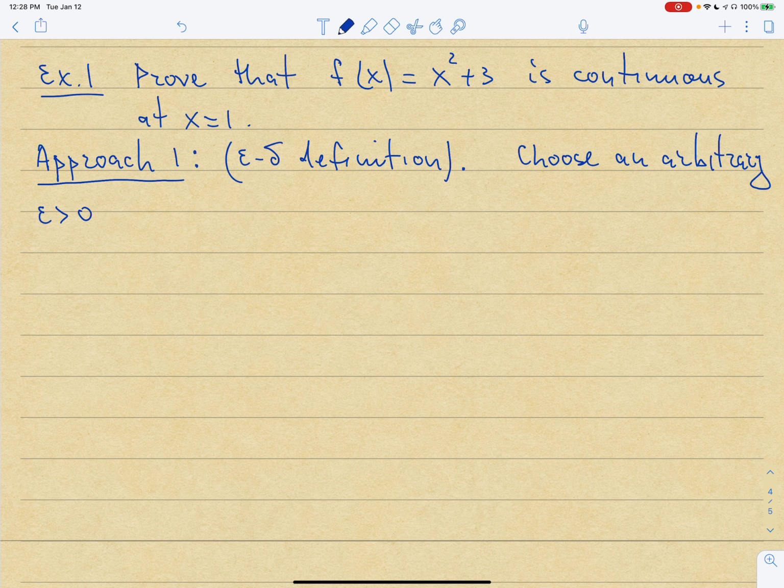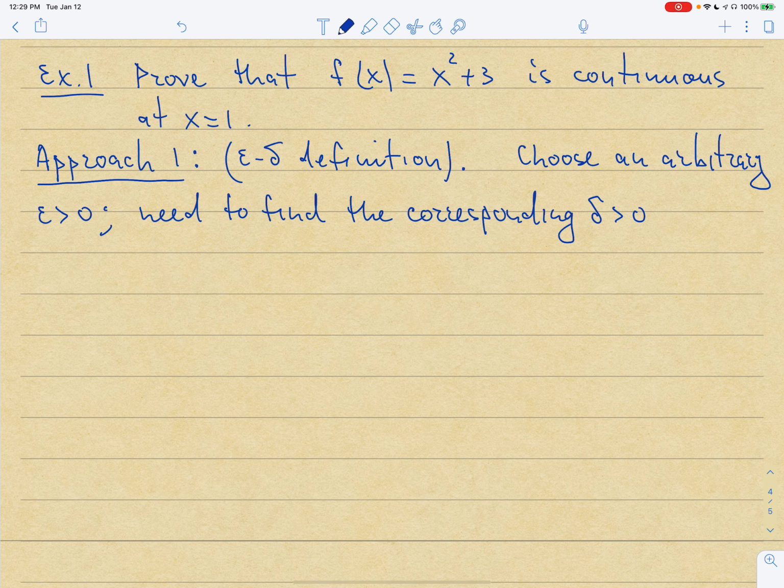And what I would need to do is to find the corresponding delta greater than 0.